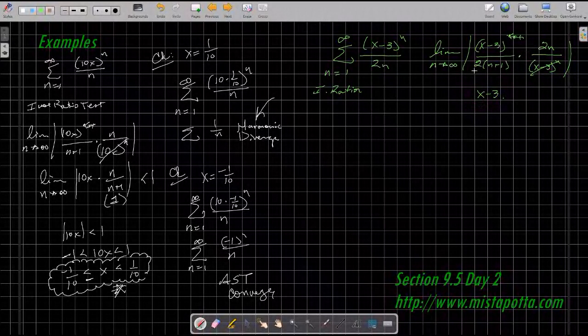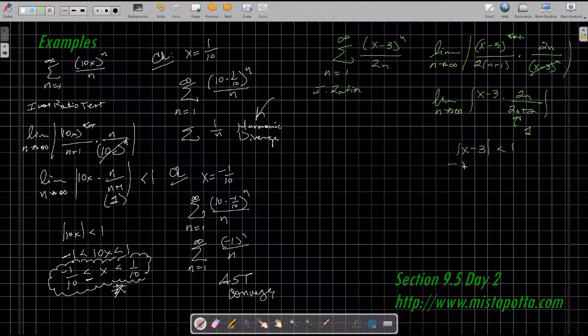And the 2n over the 2n plus 1, if I'm looking at this limit as n approaches infinity, this is 1, and so I end up with the absolute value of x minus 3 being less than 1.